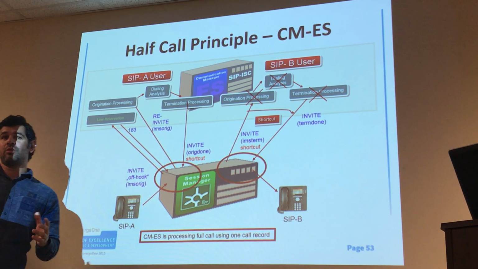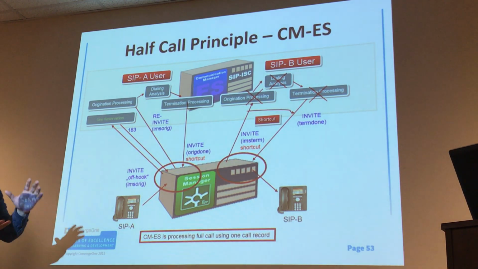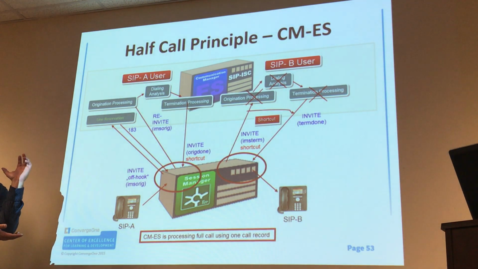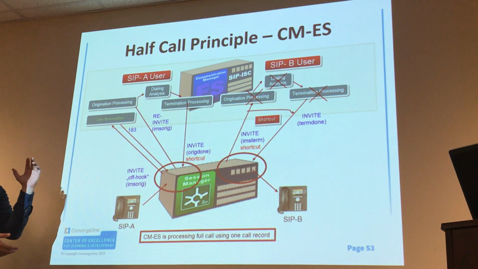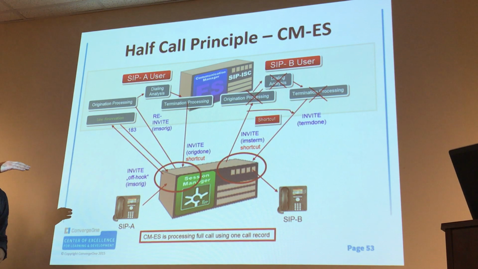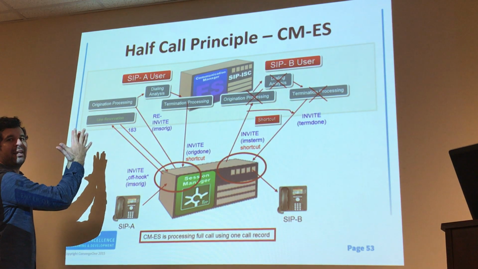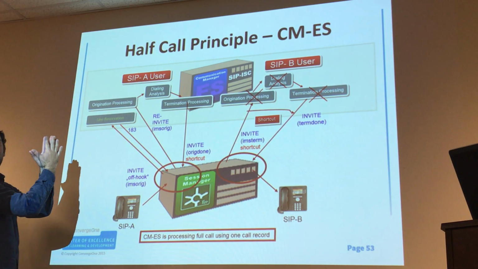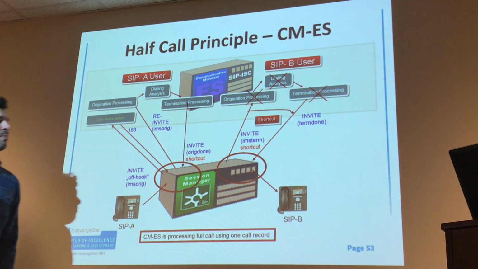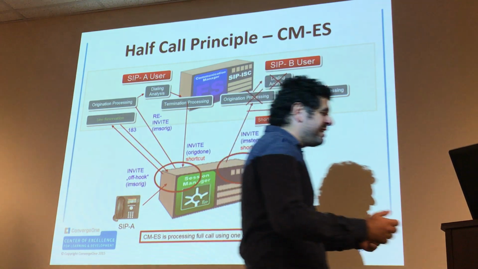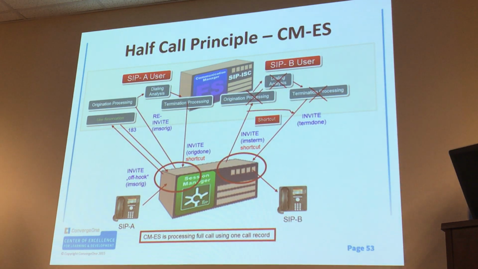Normally, to be in a safe place, you put CM as the last application in the origination sequence and the very first application in the termination sequence, just to guarantee they're back to back and nothing is in between, so no one is messing with that shortcut flag. Okay. However, it still doesn't completely guarantee that things are going to work, but that's at least the best approach to make sure the shortcut flag is not messed up.